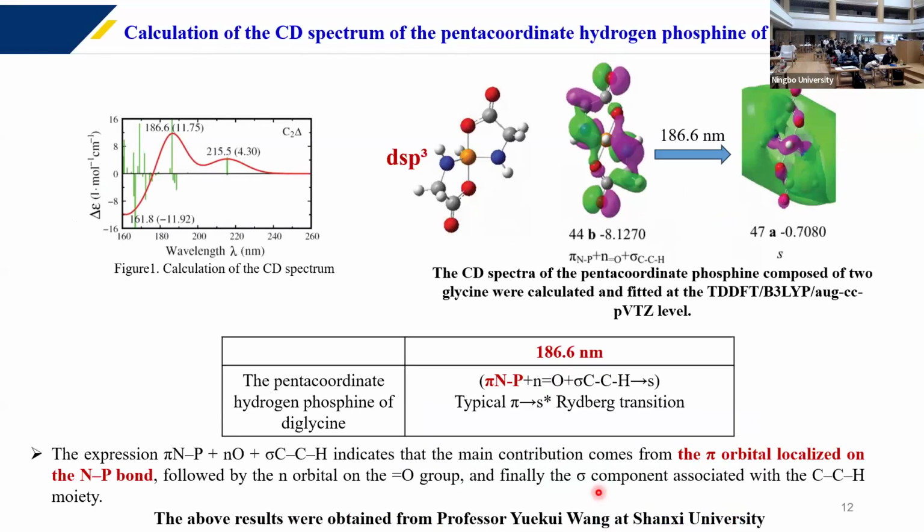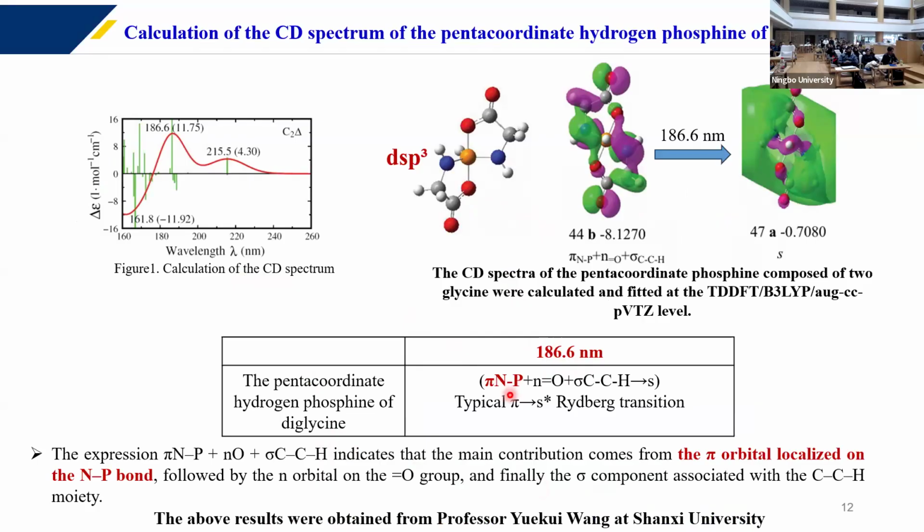But how can we explain this 187 nanometer MCD peak? In our previous studies, our computational CD analysis demonstrated that the glycine-derived bicyclic spiro compound has a peak near 186.6 nanometers.